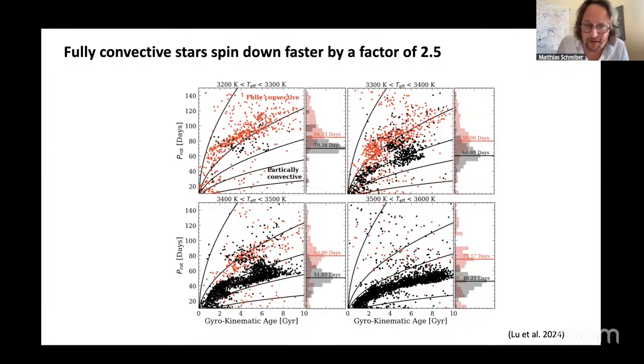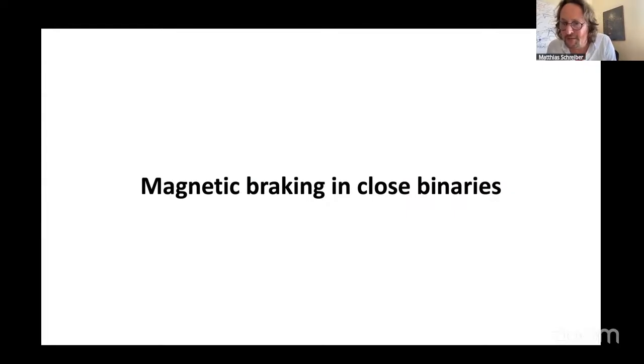So now the drama starts if we look at binaries, because as you will notice, things are very different. The first thing in closed binaries that is very different is that you have tidal forces. And these tidal forces actually cause synchronous rotation.